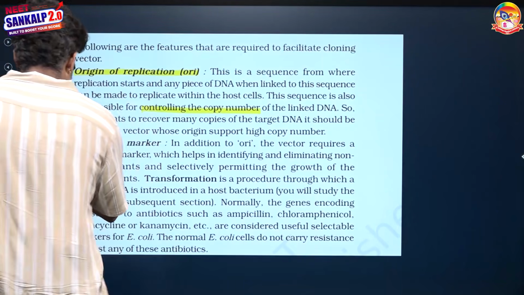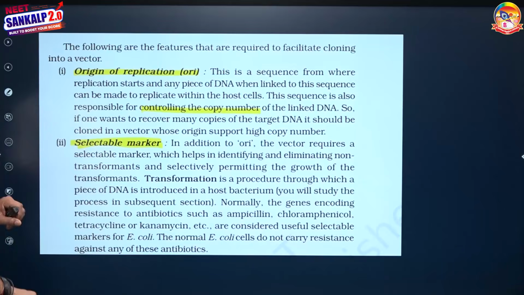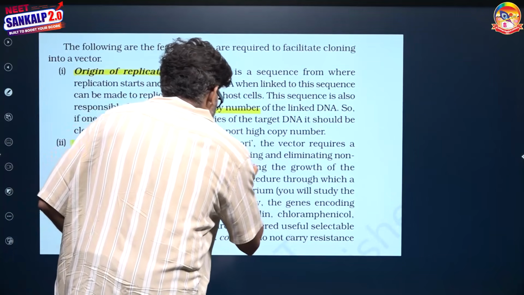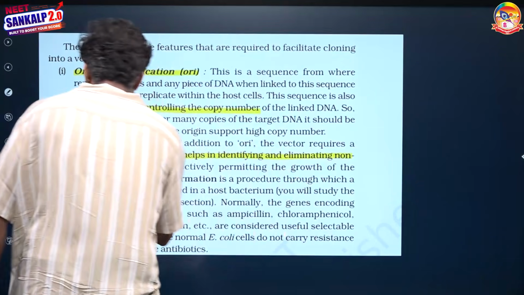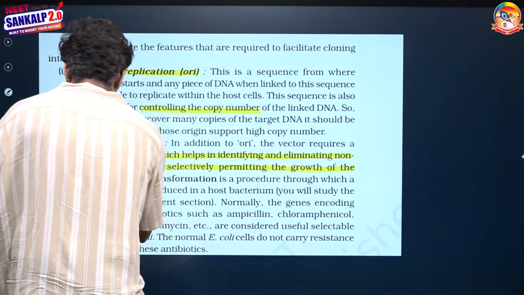Number 2, selectable marker. It should also be present. In addition to ORI, the vector requires a selectable marker, which helps in identifying and eliminating non-transformants and selectively permitting the growth of only transformants.